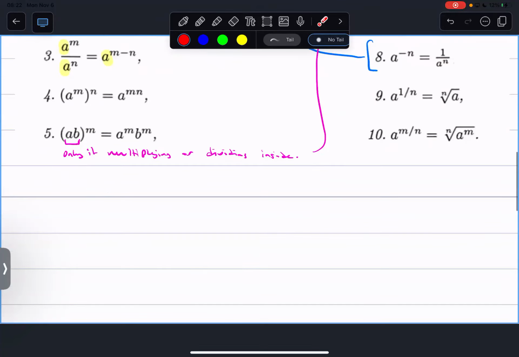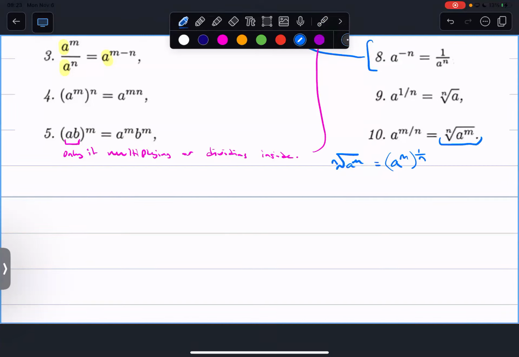Similarly, if you have the nth root of a to the power of m, you can rewrite that as a to the power of m over n. Why? This comes from, so if I have the nth root of a to the power of m, I can rewrite that as a to the power of m to the power of 1 over n. That's allowed, right? From 9.